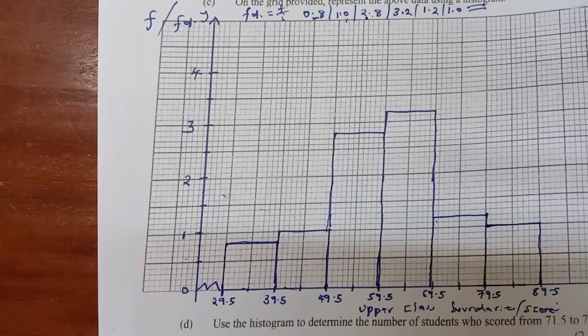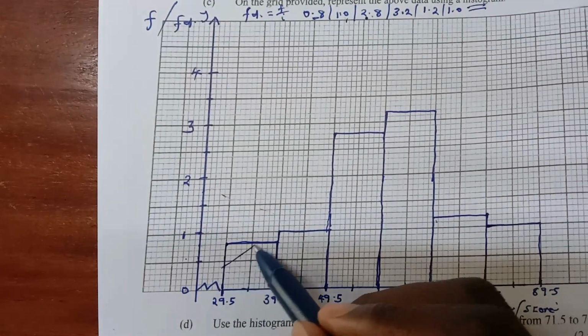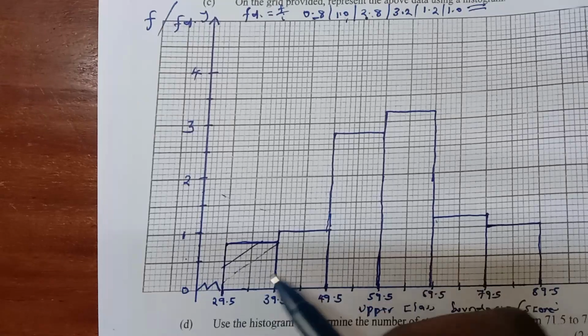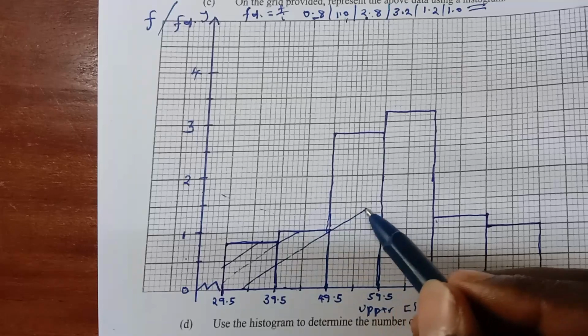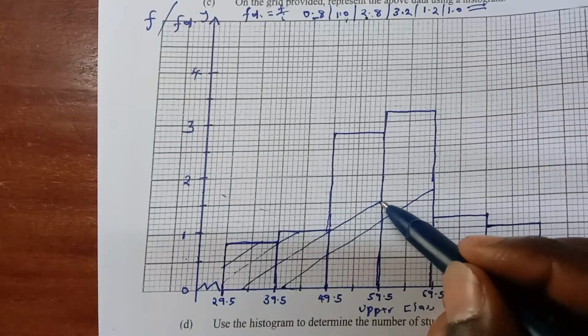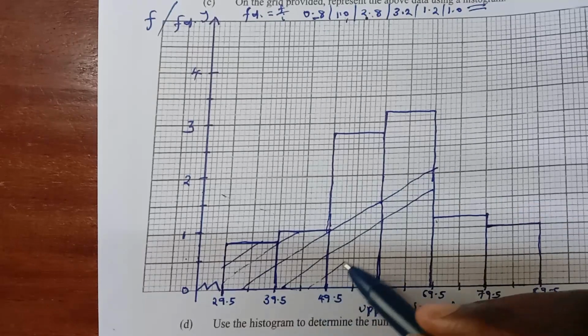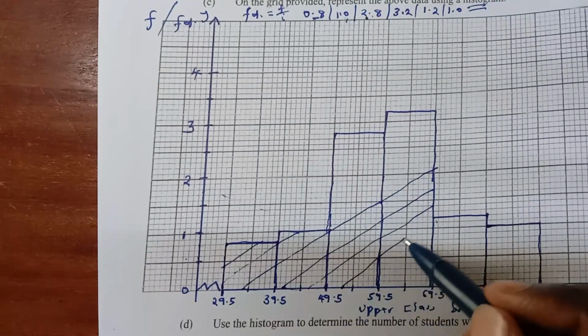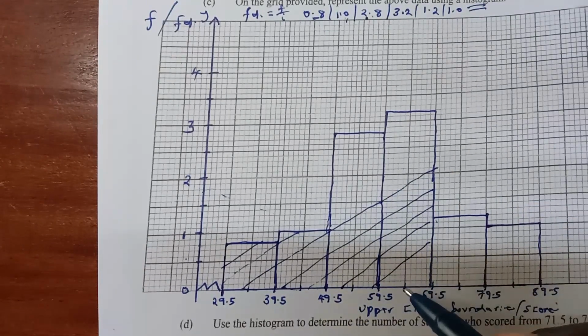And this one constitutes what you call a histogram. Then you can shade using very straight lines. A ruler is very important when carrying out this one, so that you don't make any mistake.